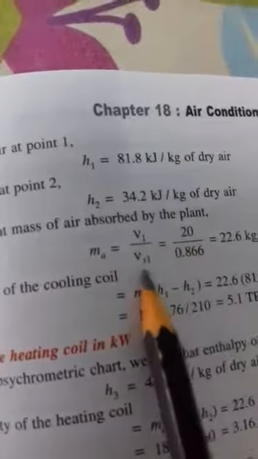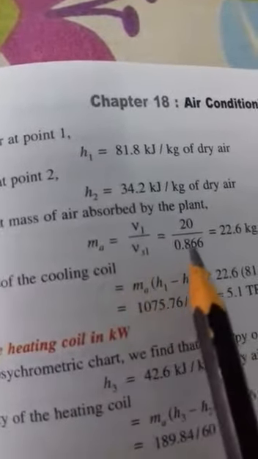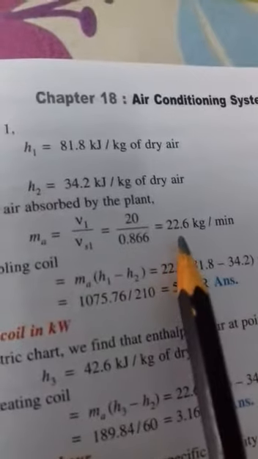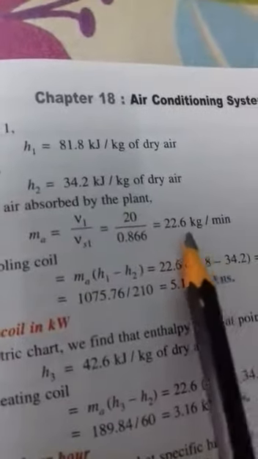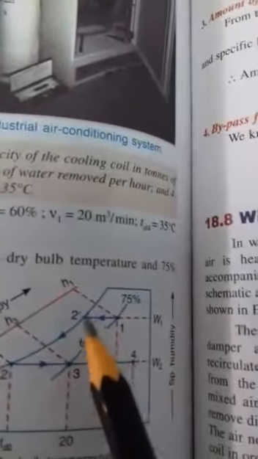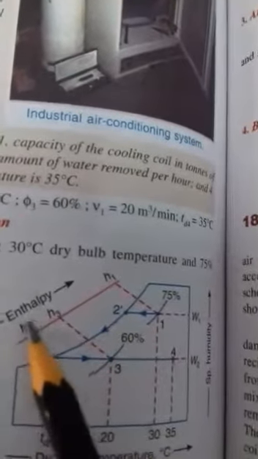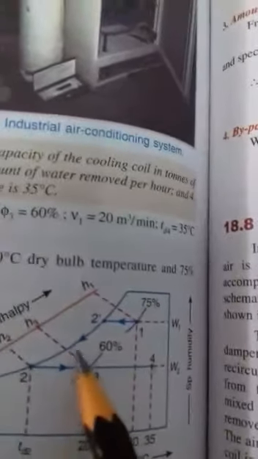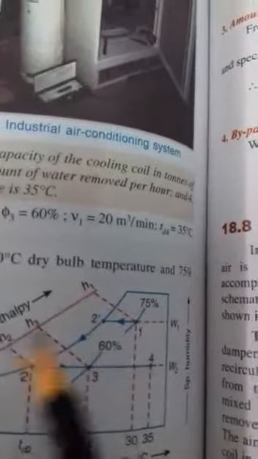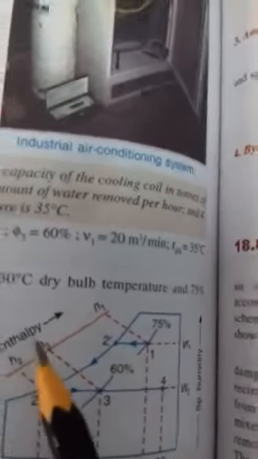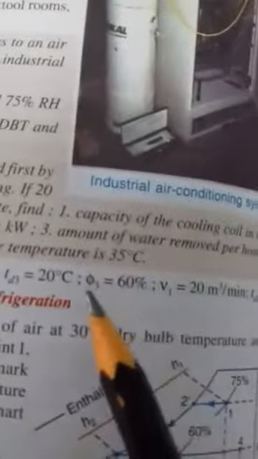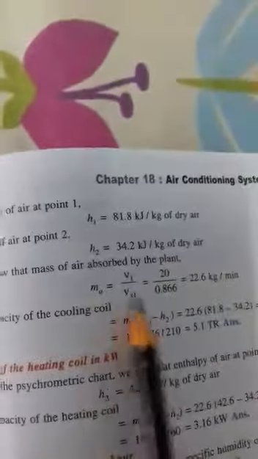At point 2 we have got H2, then H3; we have got three enthalpies, and the volume is given as 20 meter cube, from which the mass can be calculated. So the capacity of the cooling coil is MA into H1 minus H2.